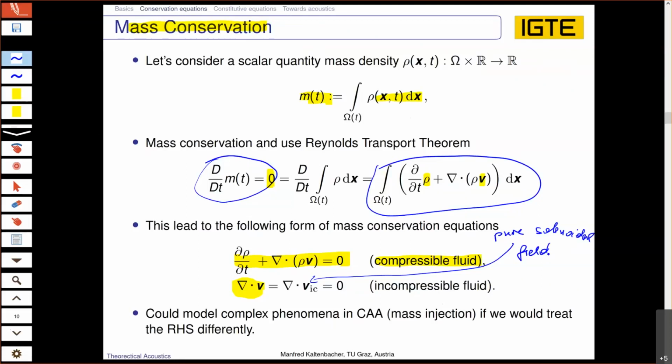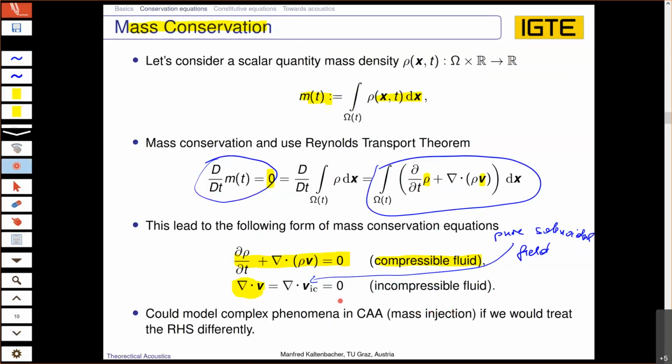Okay, and sometimes, as I have told you before, you perhaps want to model some mass injection or something, and then you do not have zero here, you have perhaps some term described by a scalar function which you have obtained by measurements or other computations, for example.